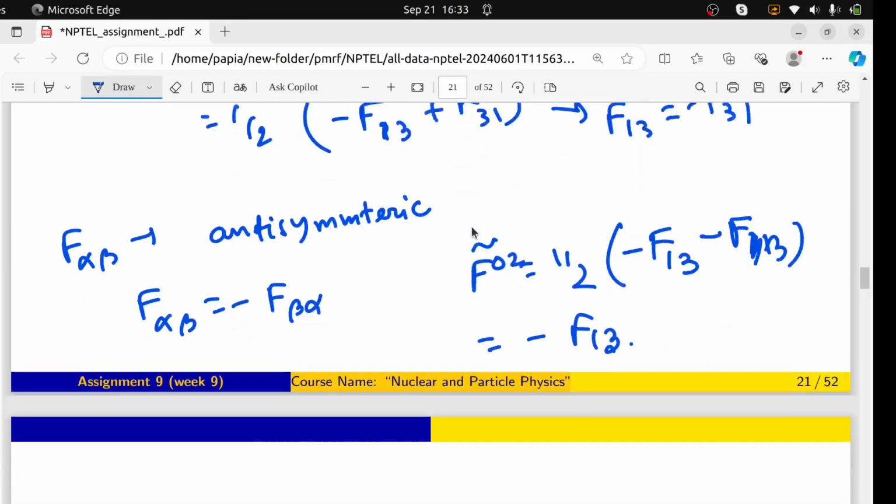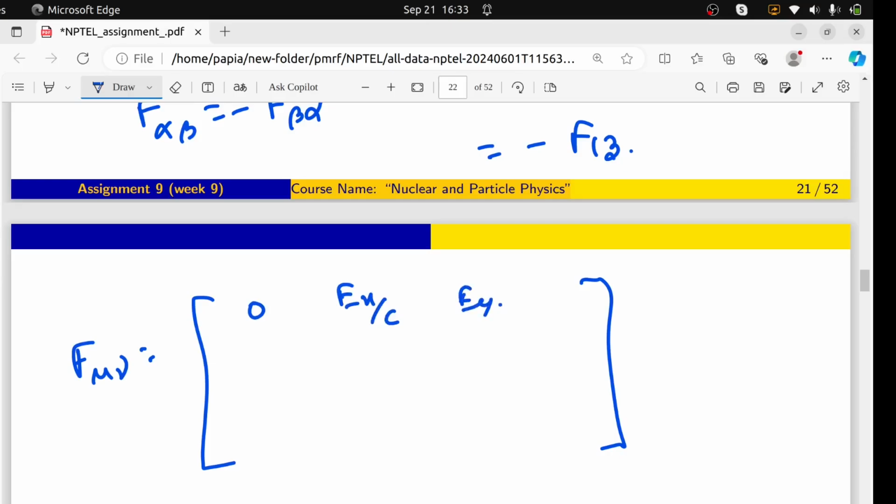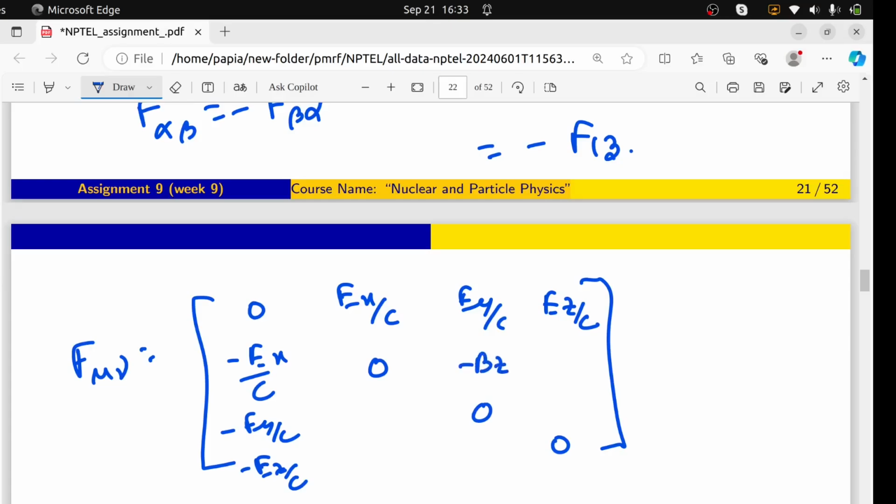Now what is the value of f13 for this case? If I write the expression of f mu nu, then it is like 0, Ex by c, Ey by c, Ez by c, minus Ex by c, minus Ey by c, minus Ez by c. Then this is 0, 0, 0. This is minus Bz, Bz, minus By, By, minus Bx, Bx. And how is it counting?